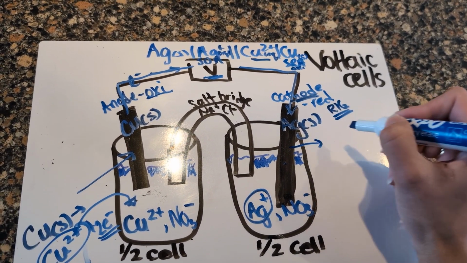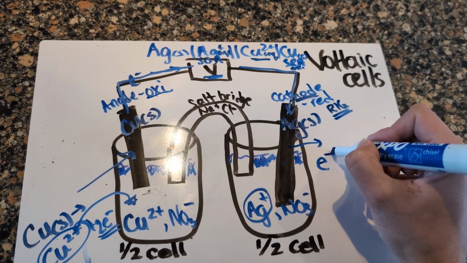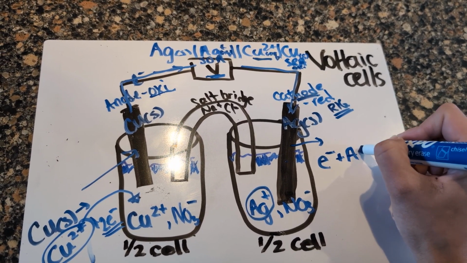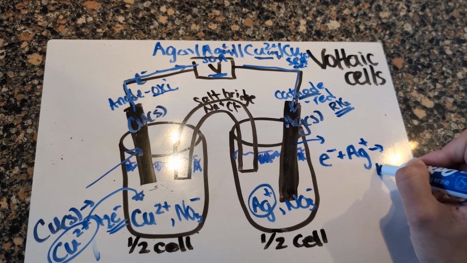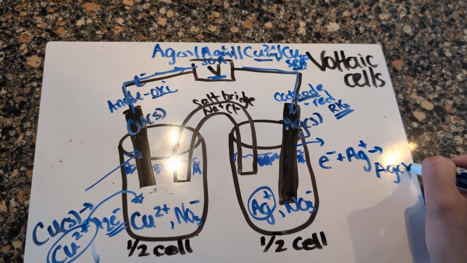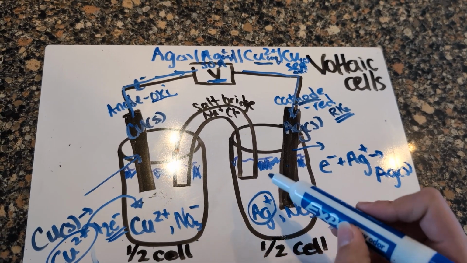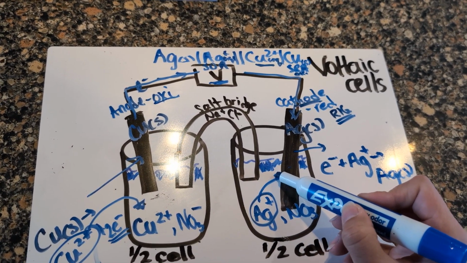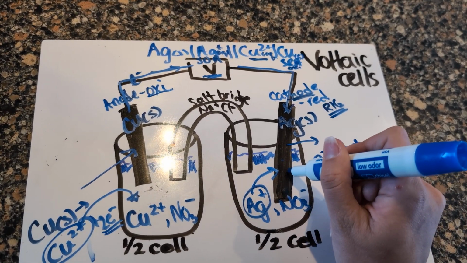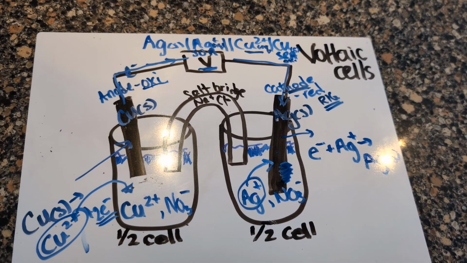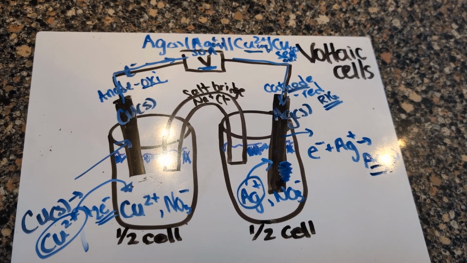So on the cathode, we have electrons coming over, we have those positive ions from the solution coming together, and it's going to form silver solid. So when this happens, this is coming out of solution onto the solid with those electrons, and we are going to be adding mass because we are forming a solid.